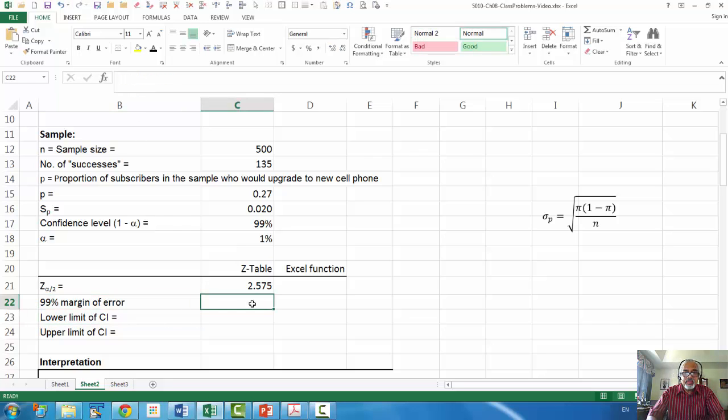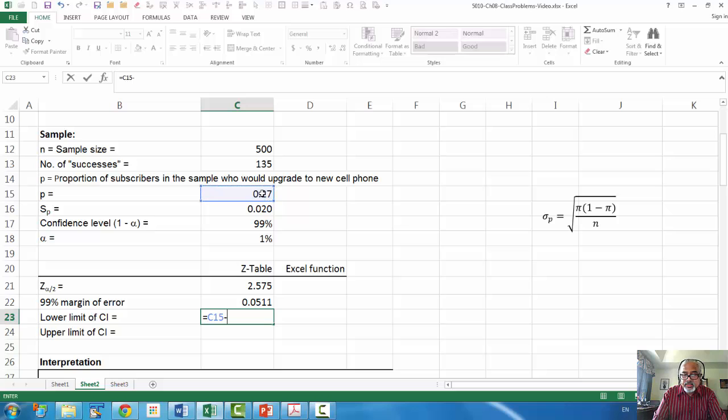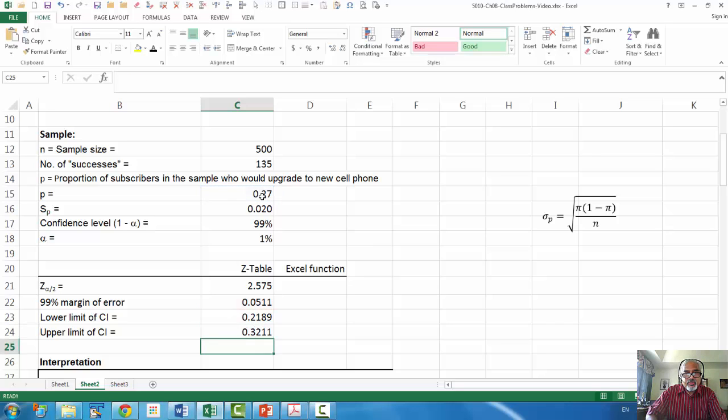Margin of error is z times s sub p. So now we can set up the lower and the upper limits. So we start with sample p minus margin of error, and then sample p plus margin of error.